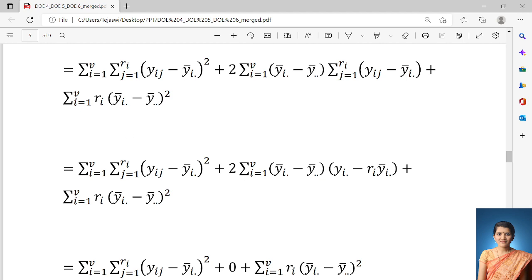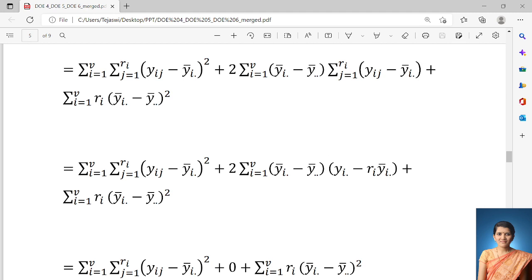If we separate the summation over i of Yij, this term separate and this term separate, and simplify: yi dot bar means yi dot divided by Ri, then Ri gets cancelled, and only yi dot minus yi dot remains, which cancels, so this term is 0 and the whole term becomes 0.